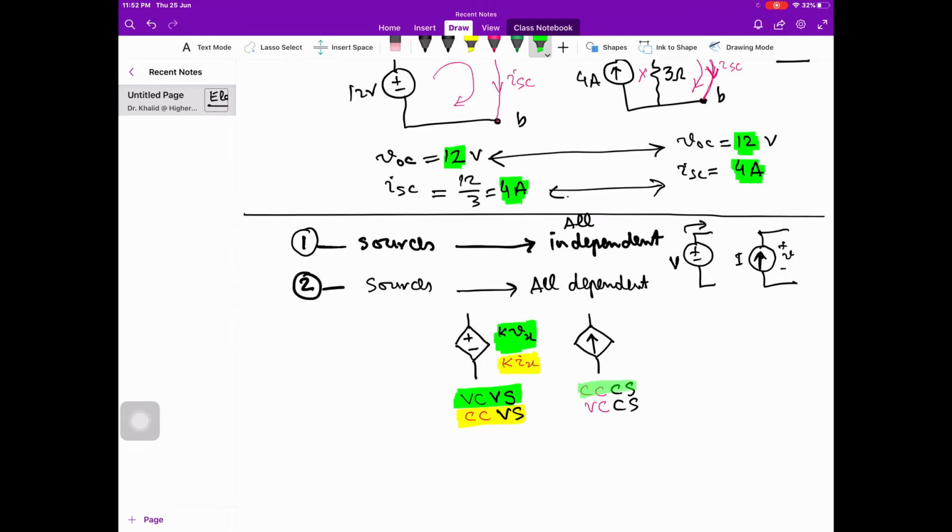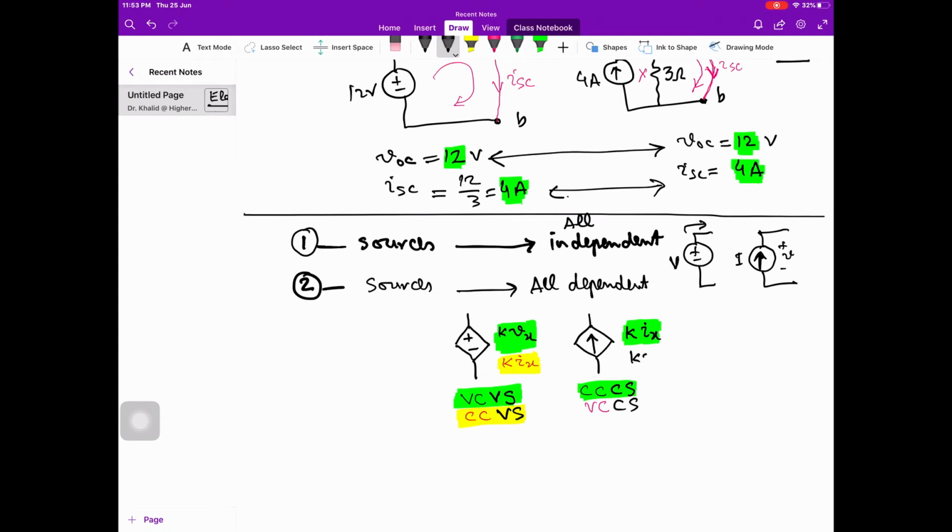In case of a current controlled current source, it may be K, and the control variable is the current. This is the control variable, and this is the proportionality constant or amplifying factor. So this is a current controlled current source.